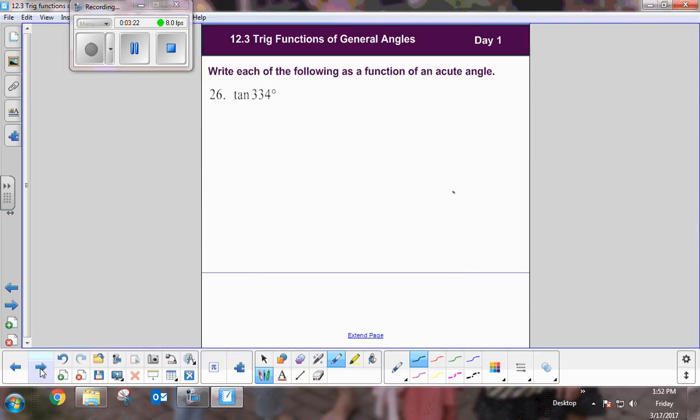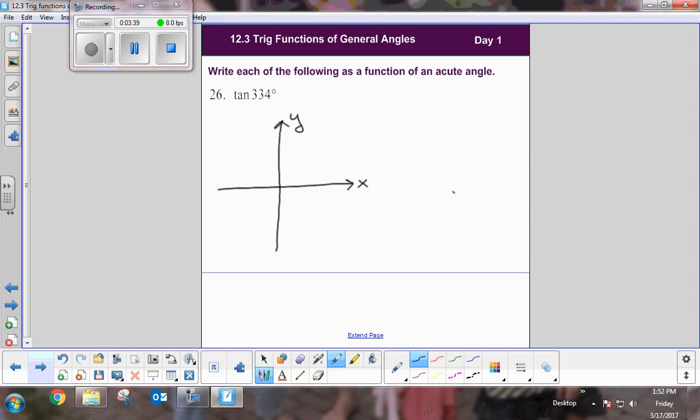So how do we write each of the following as a function of an acute angle? Okay, the tangent of 334 degrees. The first thing that I want to do is see what quadrant that is in.